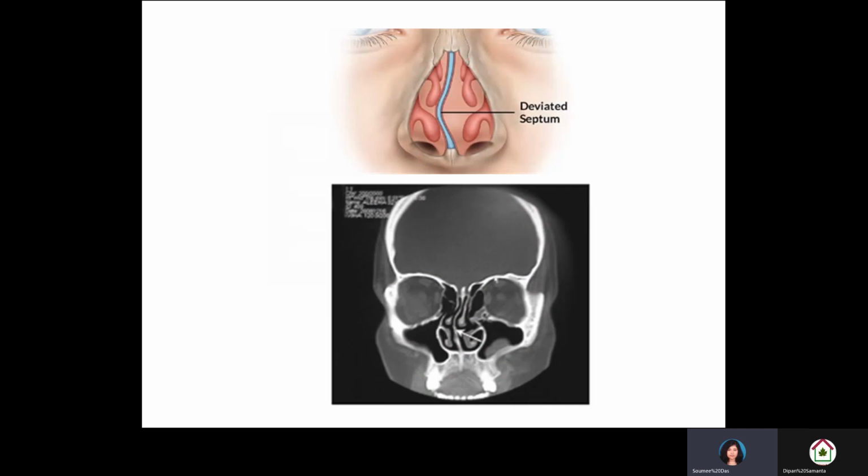Next, this is the CT scan of a patient who has a deviated nasal septum. As you can see, this is the septum which is deviated, and the degree of deviation is much more than in the previous picture. In this part the airway is normal, but in this part the airway is compromised, so less air would be going through.